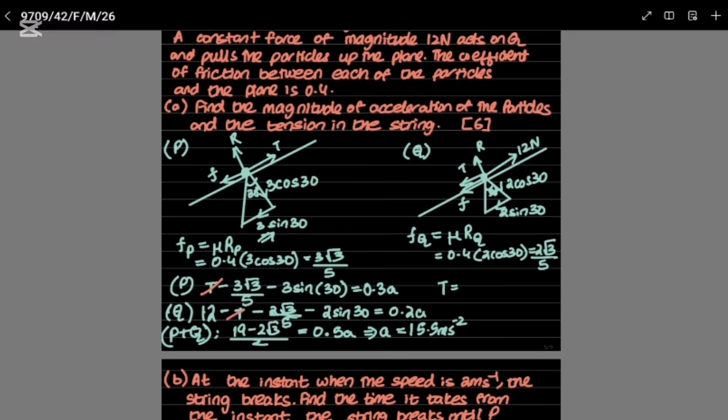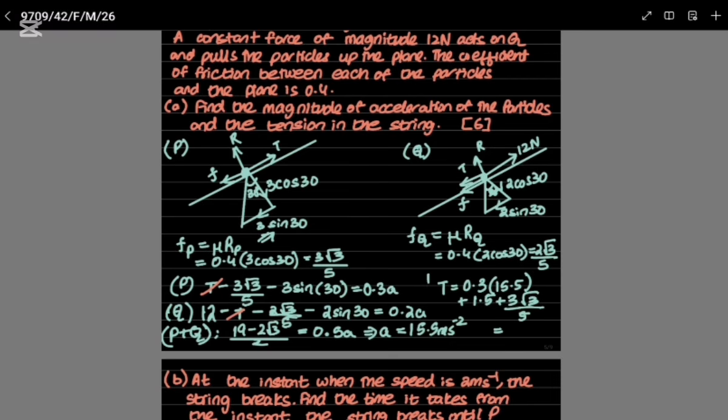I don't have enough space, I hope you get it, but let me just try. 0.3 into, I'm using equation P, 15.5 plus 1.5, you move it to the other side, plus 3 root 3 over 5.